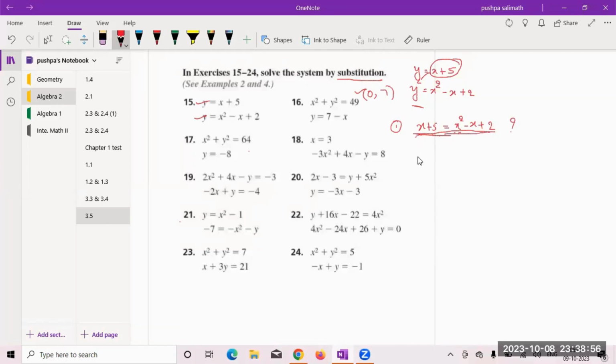Yeah. Okay. Now I had to subtract x on both the sides, right? Then what I'll get here? 5, right, is equal to x square minus 2x plus 2, right?